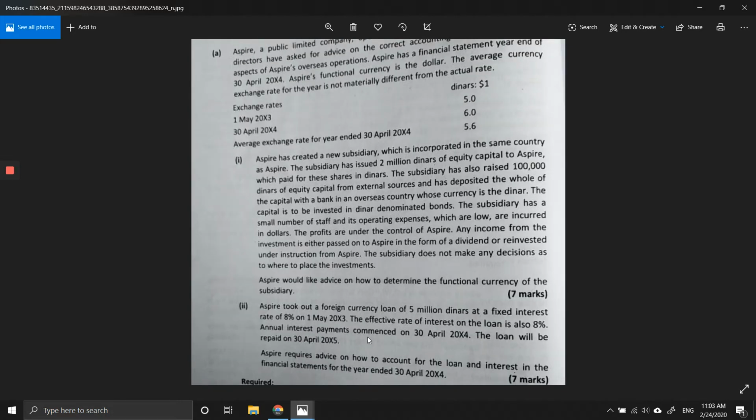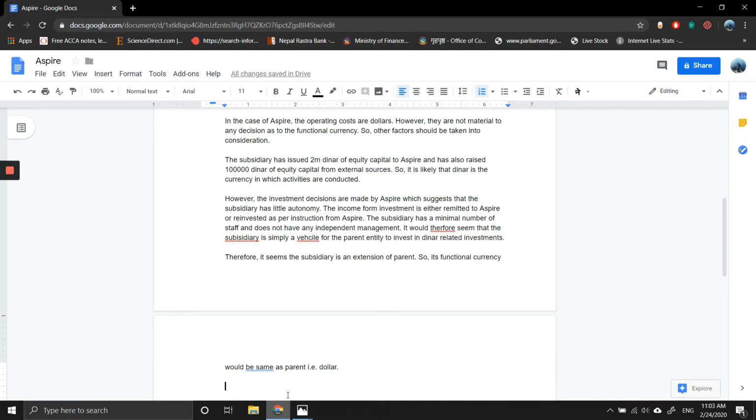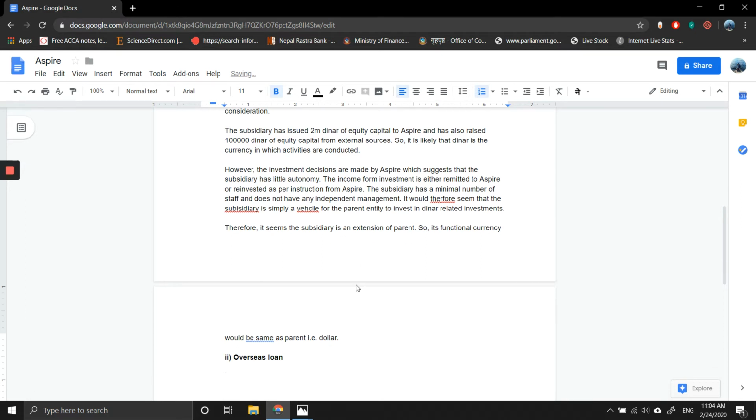Since it is a subsidiary, it's not individual, right? Okay, so overseas loan.